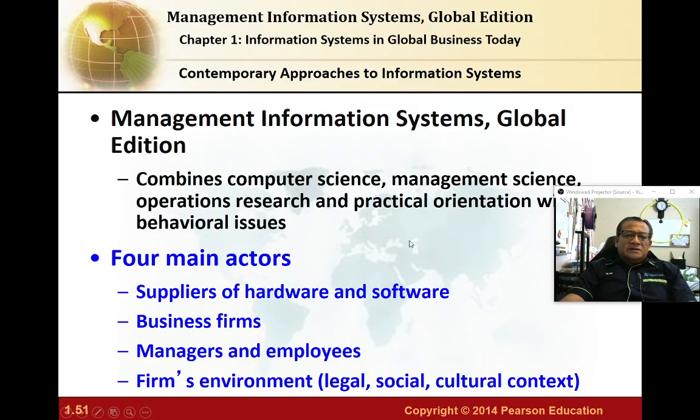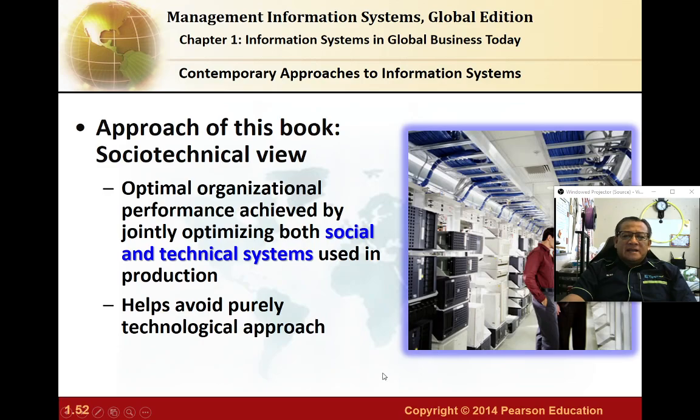So again, the factors that sum up how the IS will work are basically its hardware and software, the business firm, managers and employees, and also the environmental context in terms of legal matters like regulation and law, social considerations, and also cultural context. So this is the sum up of my lecture. Basically, it sums up into the socio-technical model. Believe me, an IS system is not able to work merely by hardware and software. It needs humans, the programmer and the manager, to run it and manage it.